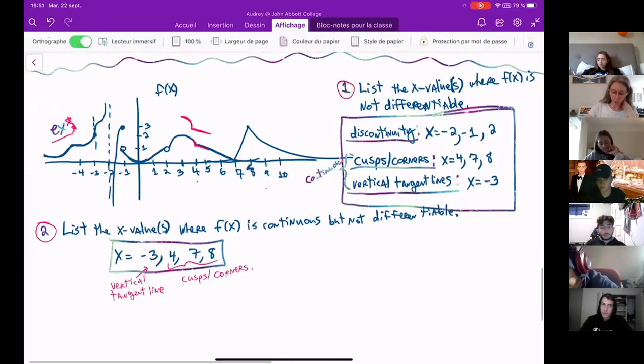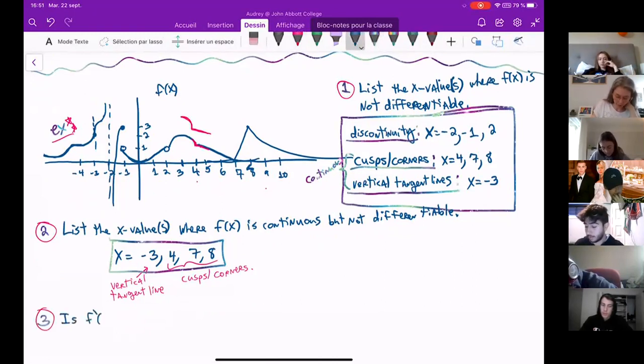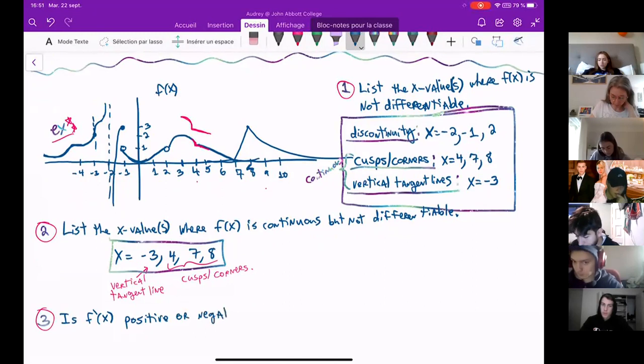So my third question will be, is f prime of x positive or negative at x equals 1?